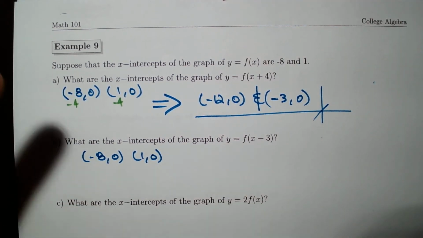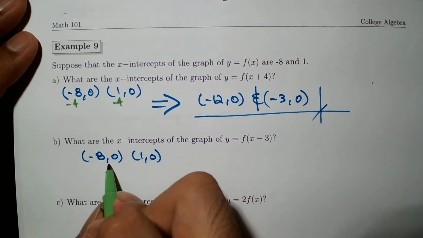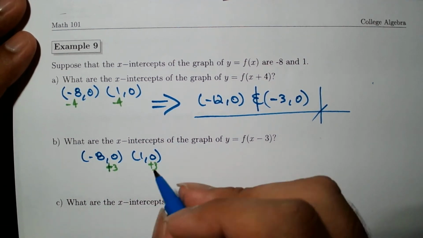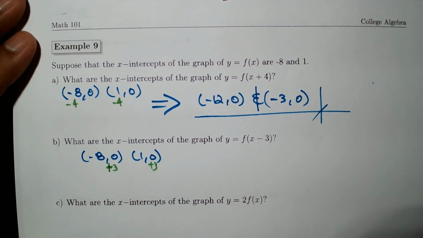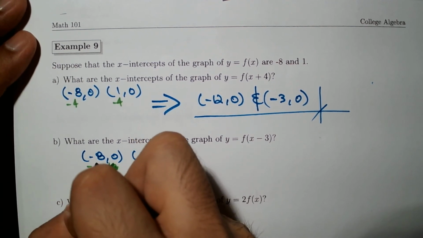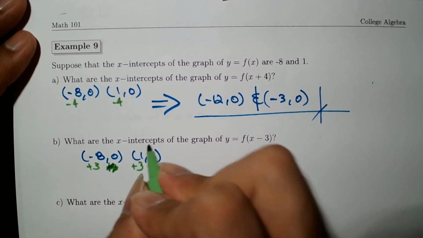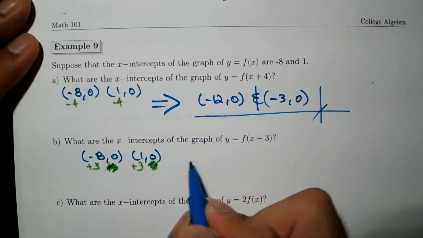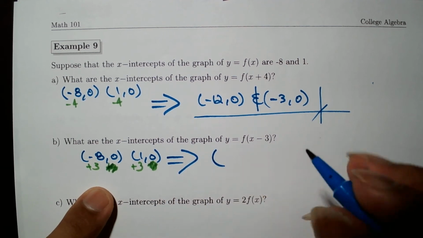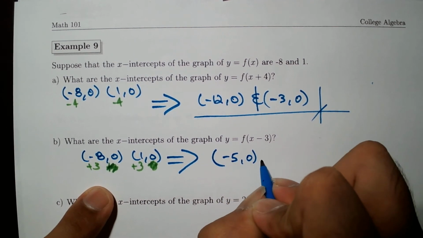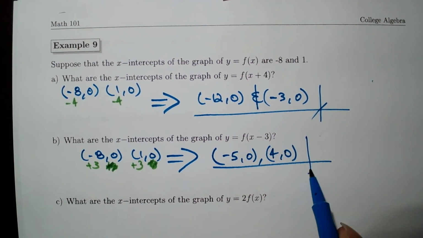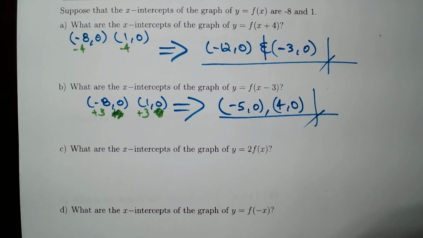We are going to add 3 to the x values, not the y values; for some reason I wrote them underneath the y value. So we obtain new x-intercepts, which are (-5, 0) and (4, 0). Those are the new x-intercepts.